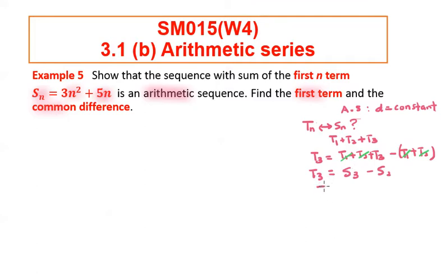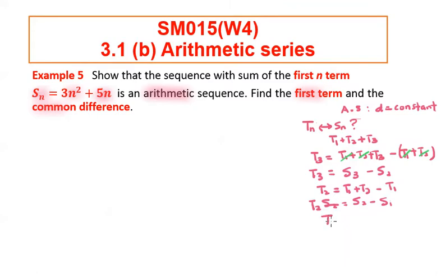Similar for T2. T2 is equal to T1 plus T2 minus T1, or it can be written as T2 equals S2 minus S1, as T1 is equal to S1.